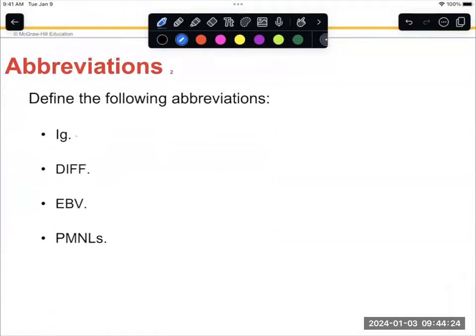More abbreviations. IG means immunoglobulin. Diff is when we're looking at different blood cells, a differential white blood cell count.